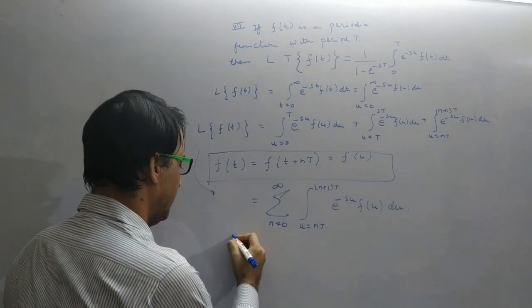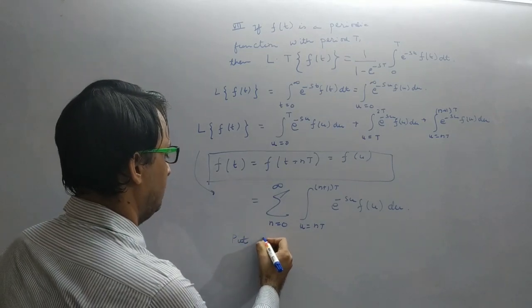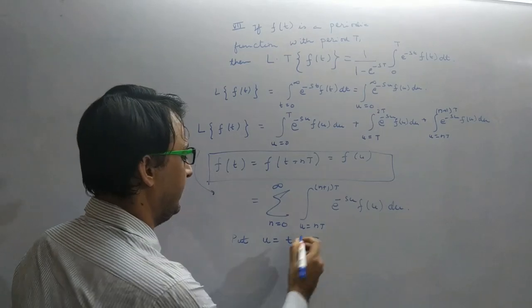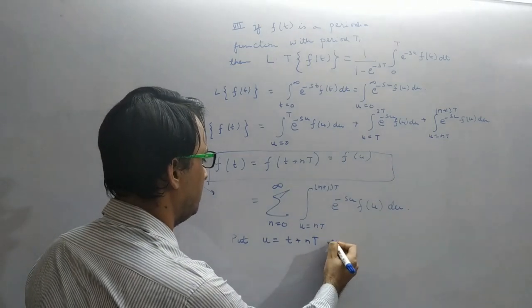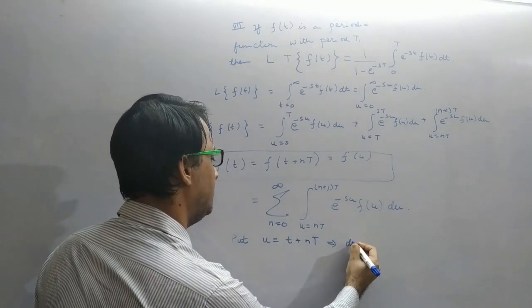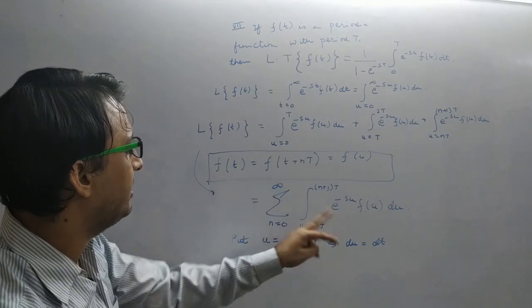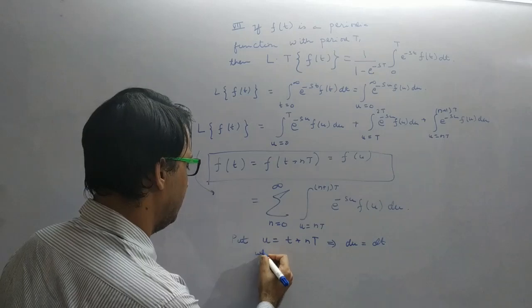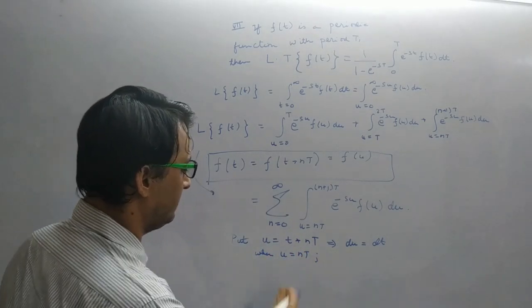Now we will put u is equal to t plus nT, and this is a substitution we are going to use. So if we take the derivative, du is equal to dt. Now see, we are using it here and we are converting into t. Again, when u is equal to nT, then what does it become?